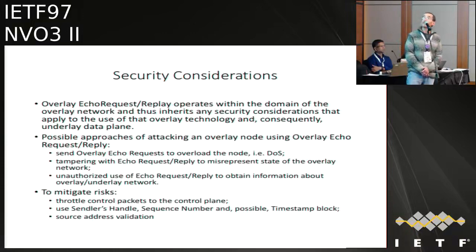At the same time, there are some scenarios where a check on a sequence number to verify the identity of the source is useful. To make it stronger, we recommend the optional use of the timestamp block, which is defined in the header document, the previous document that I presented.